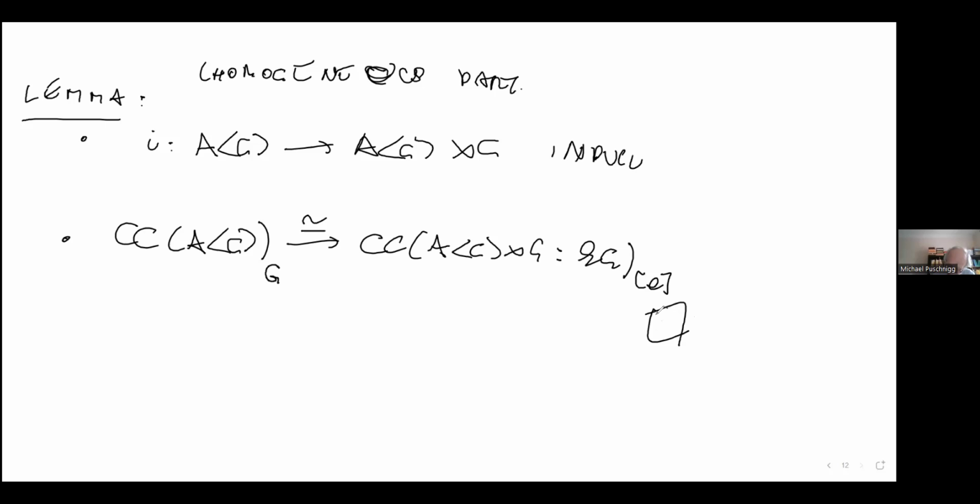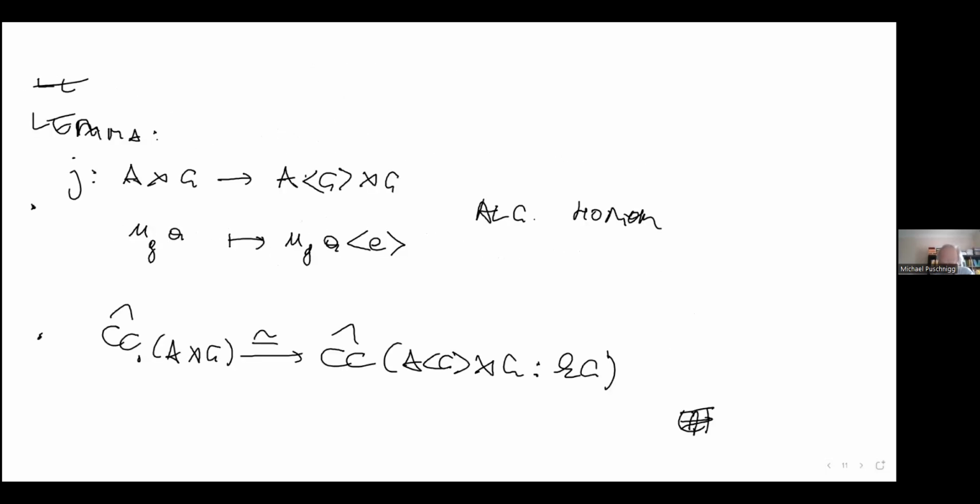And now I'm able just to give the proof in 2 lines, or I can calculate in 2 lines at least the homogeneous part of the cross product. So the cyclic complex of the cross product is isomorphic to this complex.